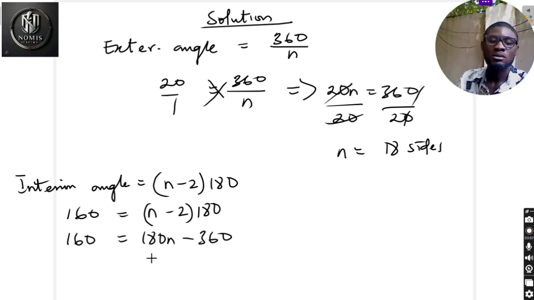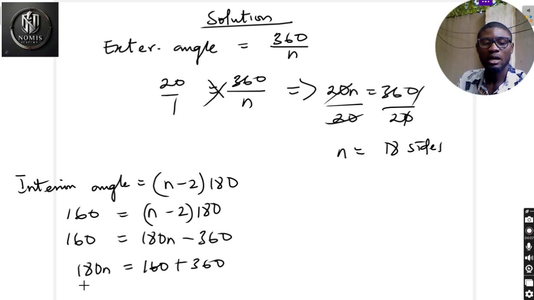Collecting like terms, we have 180n equals 160n plus 360. So 20n equals 360.